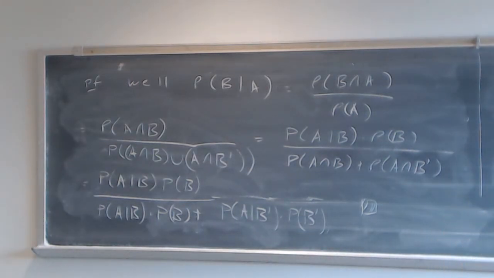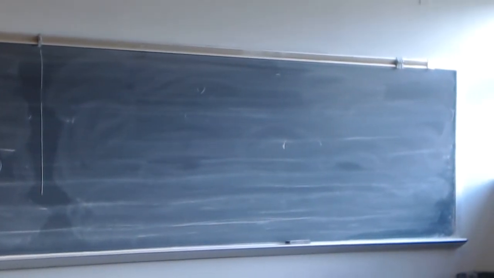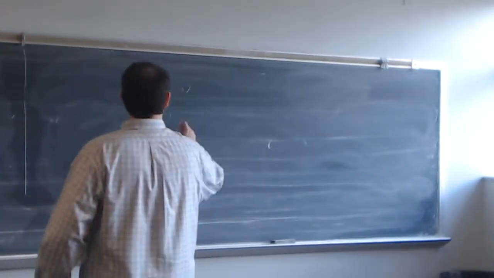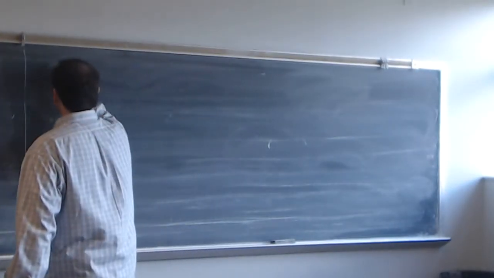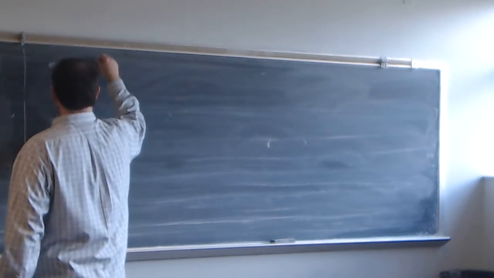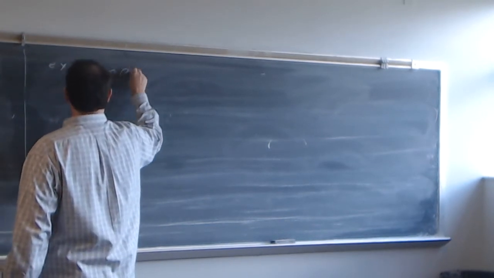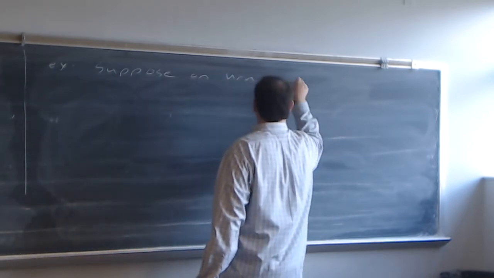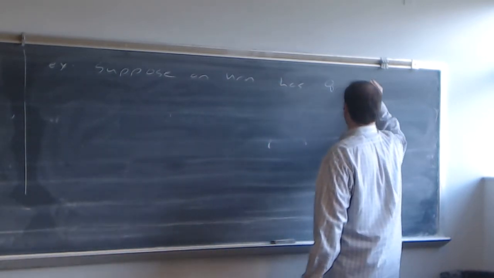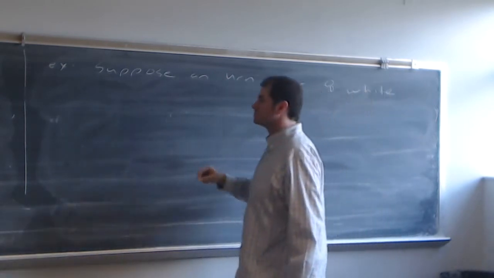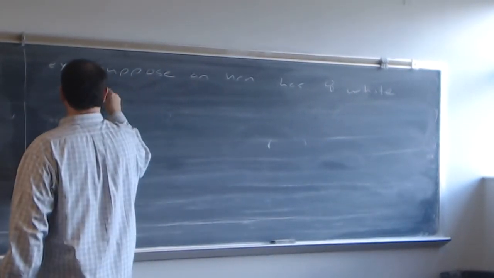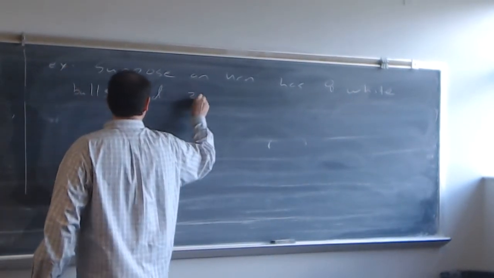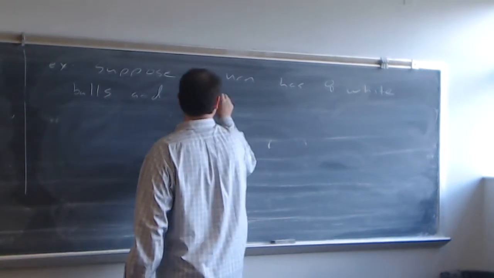Okay, let's look at an example. And let's go back to that same setup as what we had before with the urn. So as an example, suppose an urn has 8 white balls and 3 red balls.